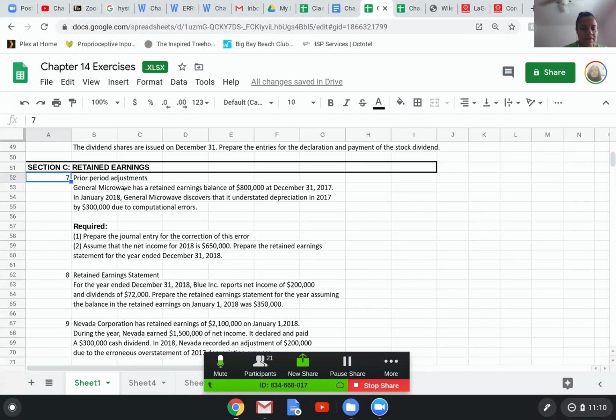So number 7, it says that this involves prior period adjustments. General Microwave has a retained earnings balance of $800,000 at December the 31st, 2017. So this is an ending balance on the retained earnings account. On which side of the account would this balance be, debit or credit?